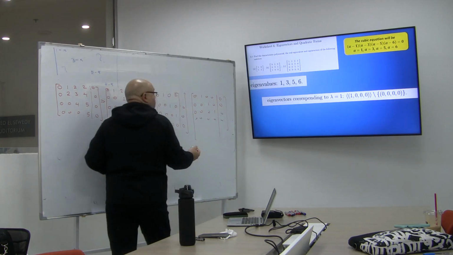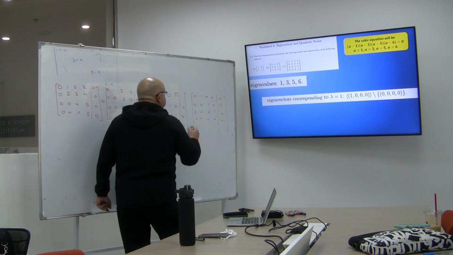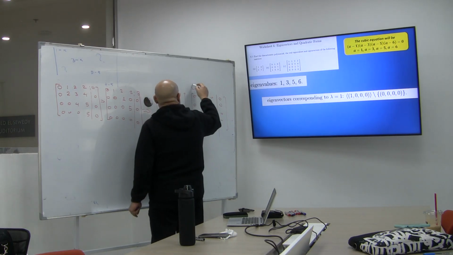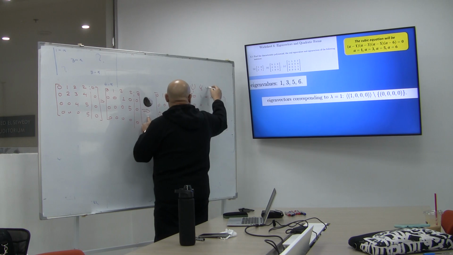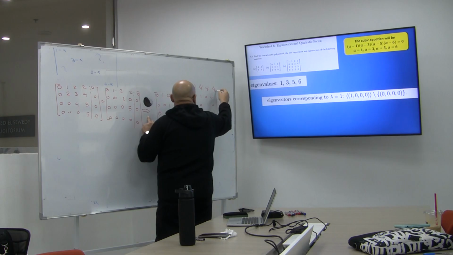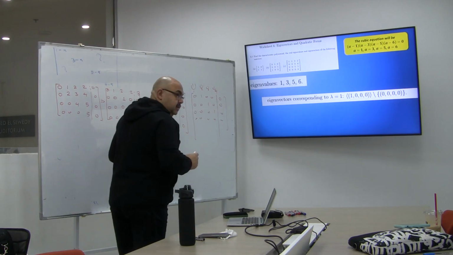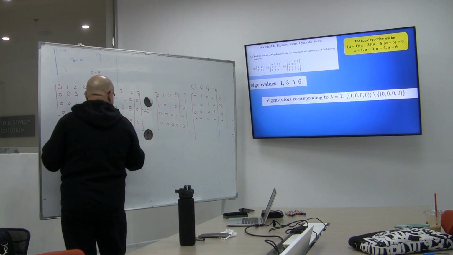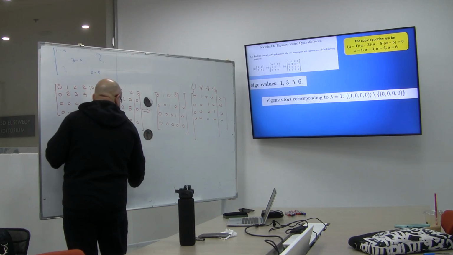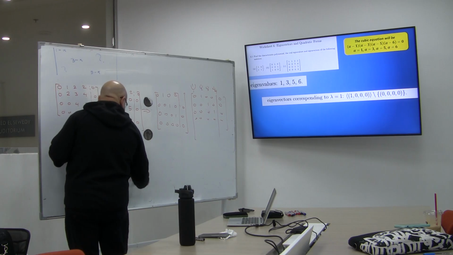Now we get back to our vectors. This is the eigenvector number 1, first component. The eigenvector number 1, second. The eigenvector number 1, third. And this is the fourth component. Am I right? Okay, so once more, U1 is equal to 4 components: U1 sub 1, U1 sub 2, U1 sub 3, U1 sub 4.